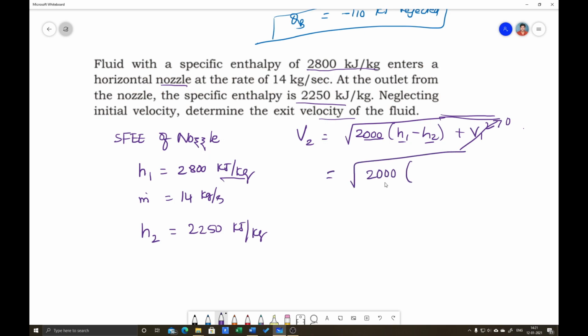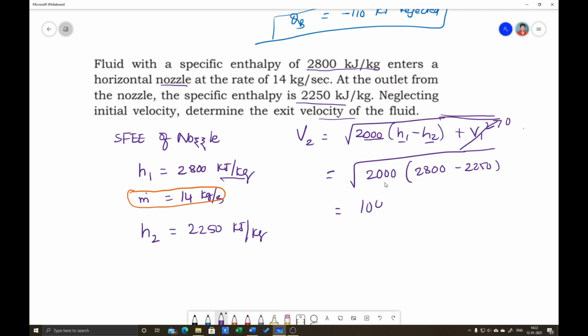So this problem is given for 6 marks. So H1 is 2800 minus H2 is 2250. Here m dot is given only for confusion; there is no need to determine the exit velocity. This will be coming as 2800 minus 2250, 550, into 2000, root of the answer.